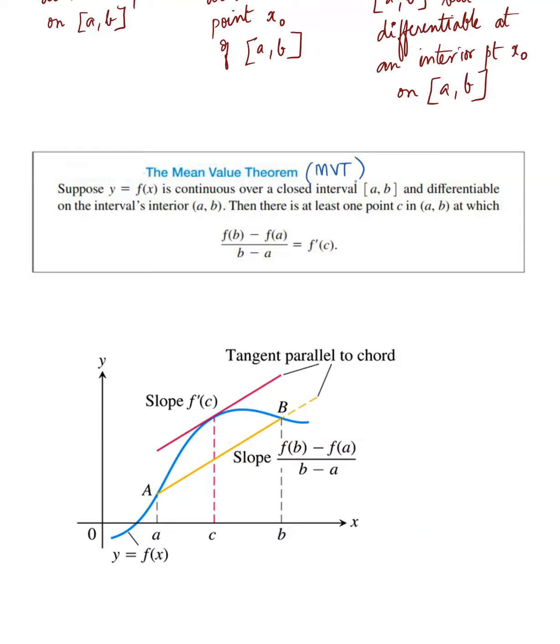MVT guarantees that there is a point where the tangent line, look at this red line, is parallel to the secant line joining any two points on the curve A and B, particularly the endpoints A and B. So if you find the slope of the secant line, you'll find another point where the tangent line is parallel to this secant line. So this is the secant line. When they say chord, that chord is your secant line.